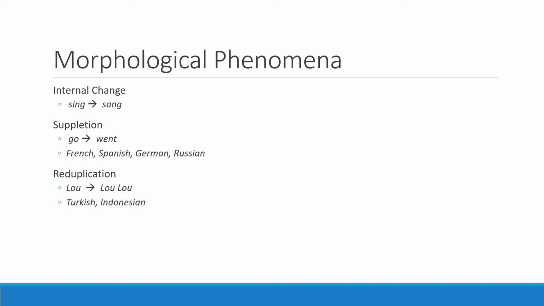Another one is reduplication. English doesn't really do this regularly. The best example I can think of is when you're talking to small children, it changes the meaning. So if you're talking to a little one called Lou, and you call them Lulu, then that implies that they are small and cute, something like that. If you talk to a very manly man called Lou and you started calling him Lulu, that would probably be very insulting to him, right?